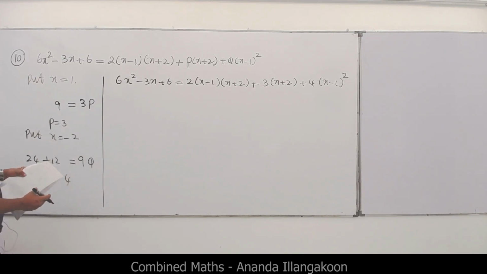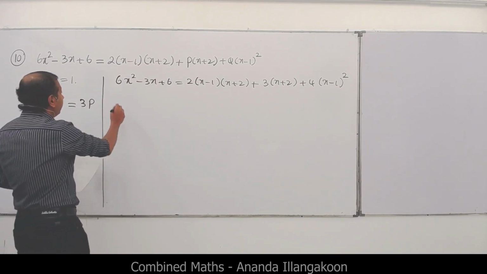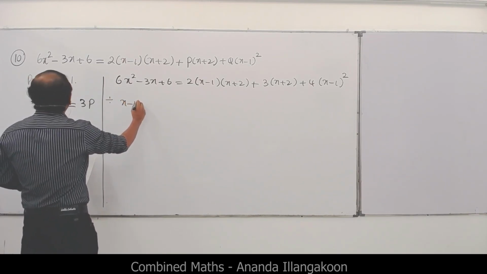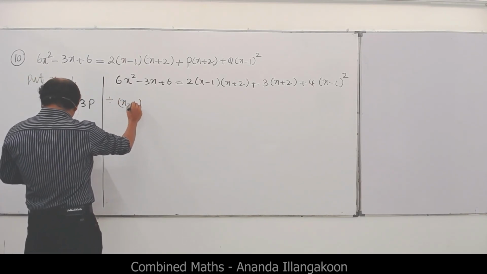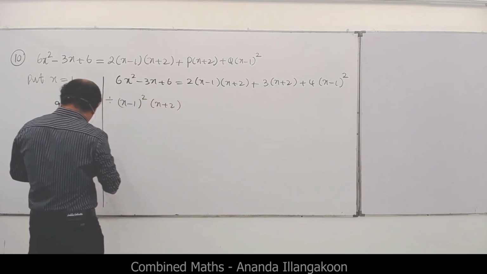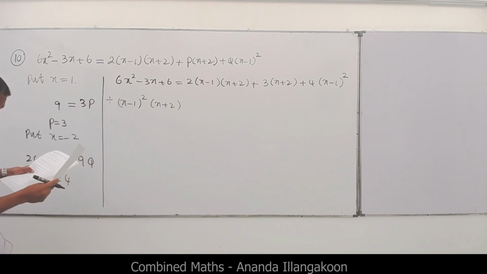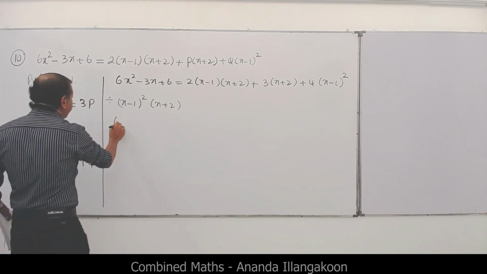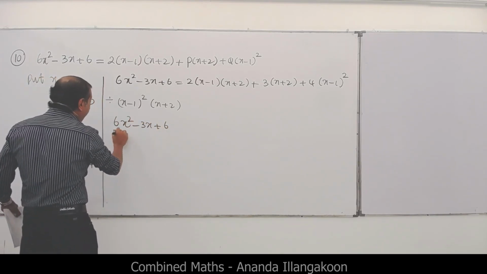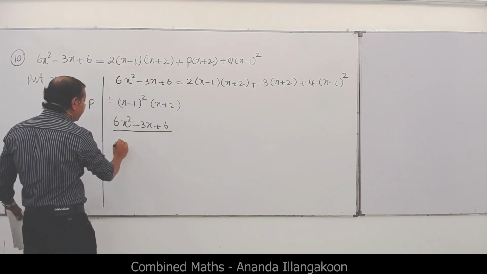Okay, first of all, we'll take this way, people, we'll divide this by (x minus 1) perfect squared into (x plus 2). Then we get 6x squared minus 3x plus 6 divided by this.